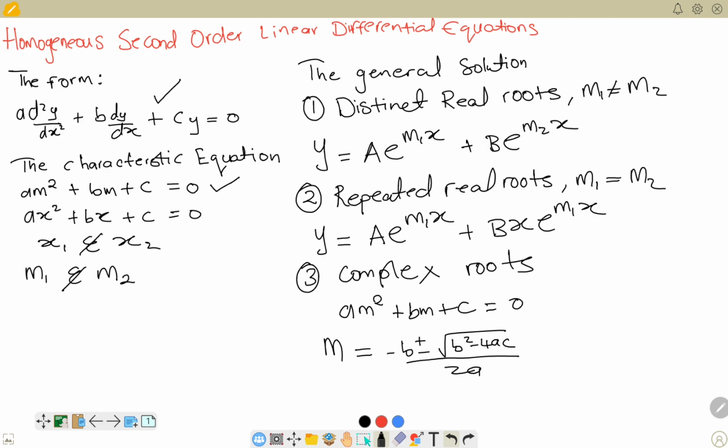So this is the case where we cannot factorize. We will use the quadratic formula, and in that case we will be having complex roots. So when we use that formula, it's negative b plus or minus the square root of b squared minus 4ac over 2a. Then we can divide through by 2a.